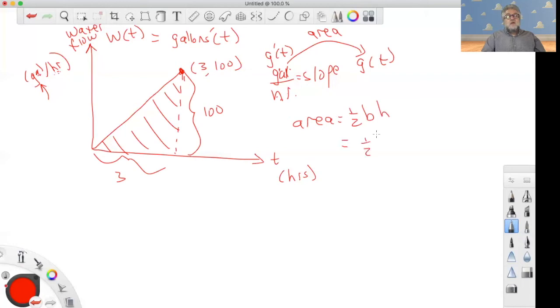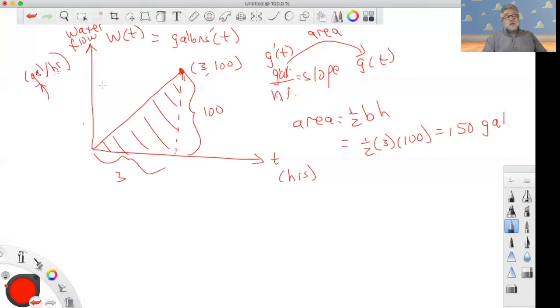So 1/2 times 3 times 100. Half times 100 is 50 times 3, 150 gallons. That's how we would calculate the amount of gallons that flowed when this shows the water flow in gallons per hour.